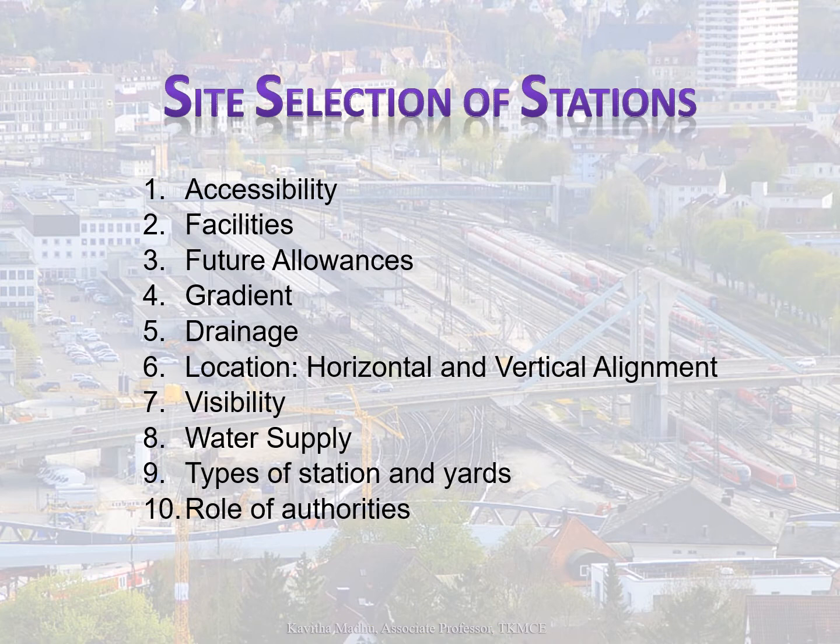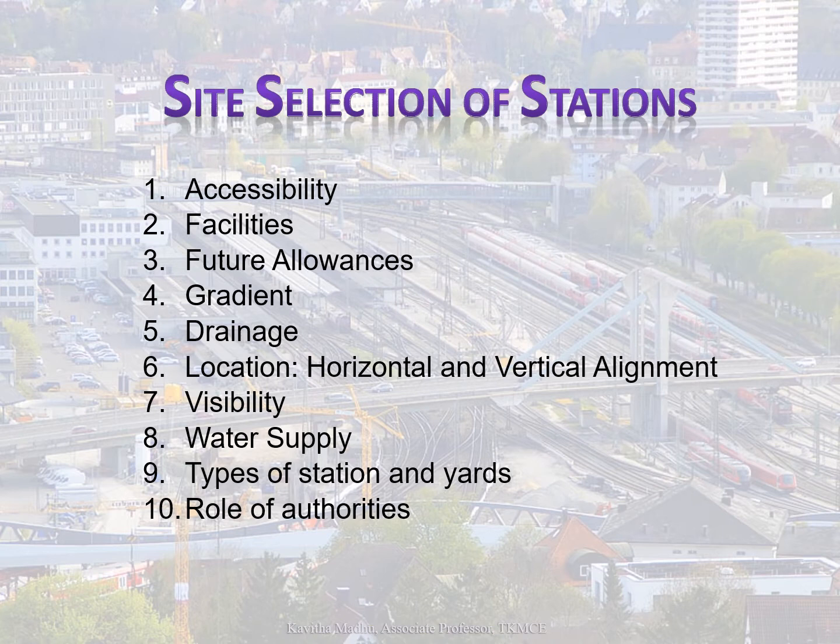Then next is the nature of land area. When discussing the gradient, we discussed this factor. The maximum permissible gradient for all gauges in station yards is 1 in 400, with a desirable value of 1 in 1000. So the land area should preferably be level ground for convenience and safety of marshalling and shunting wagons.